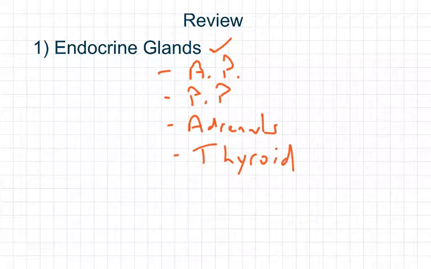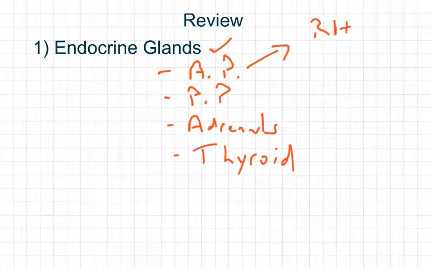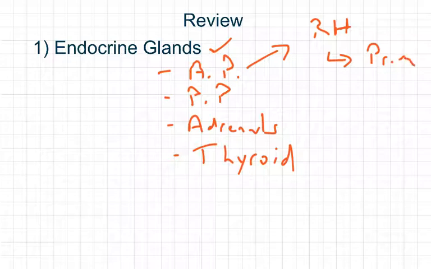Now, I'm only showing 4 of the 7 that we covered, but within these, we discussed the different hormones that each one produces. And so, for example, the anterior pituitary gland produced several different releasing hormones that worked in conjunction with other organs to release the primary hormone to eventually work on the target tissue.